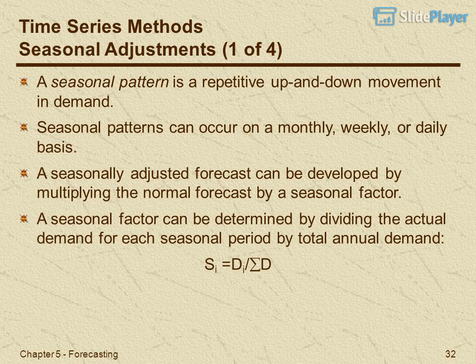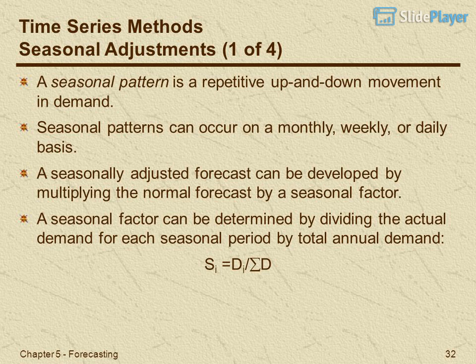Seasonal patterns can occur on a monthly, weekly, or daily basis. A seasonally adjusted forecast can be developed by multiplying the normal forecast by a seasonal factor. A seasonal factor can be determined by dividing the actual demand for each seasonal period by total annual demand.